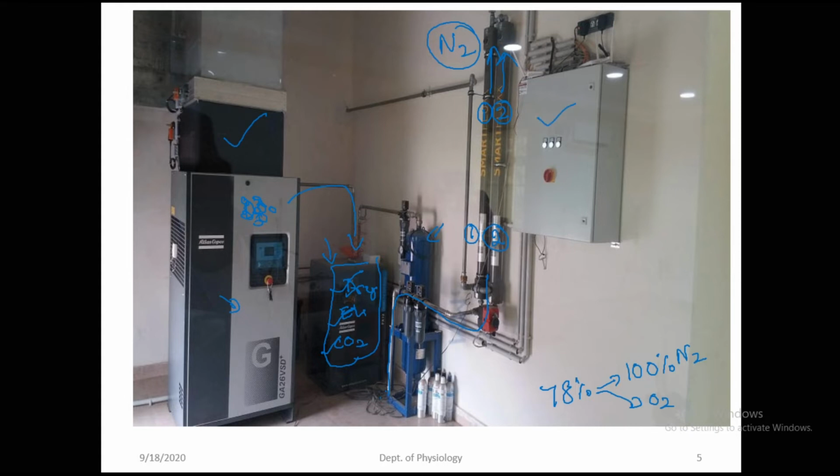And here we have one panel. This is a controlling panel which controls the complete system depending on the altitude. For example, I set 2500 meters altitude from the monitor in the hypoxic chamber room. At this altitude, the oxygen concentration is supposedly around 14 or 15%.